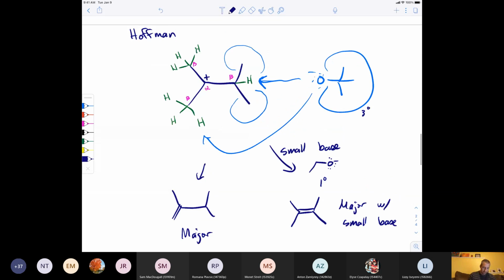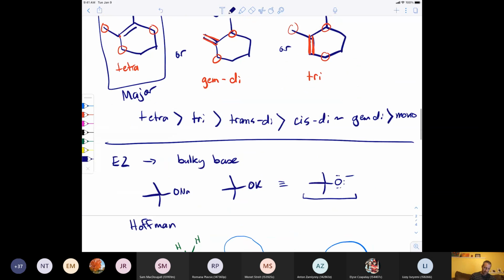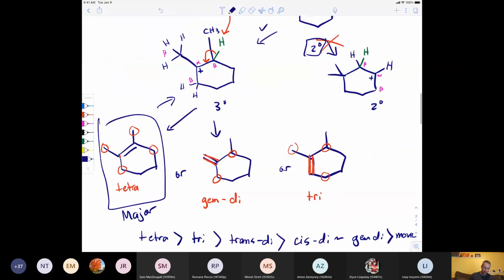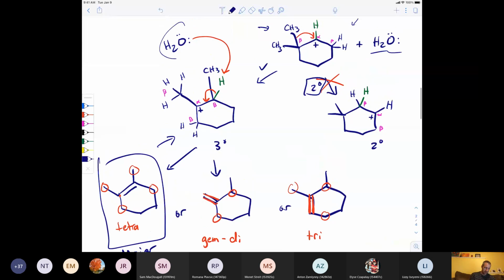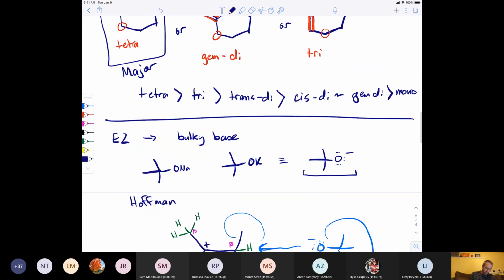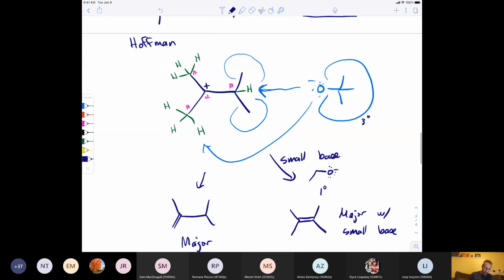So if you're using sulfuric acid, like we are, if you're doing elimination on an alcohol, it's always Zaitsev because our base is a little tiny water molecule. So anytime you're doing elimination on an alcohol, always Zaitsev. Whenever you're doing elimination on an alkyl halide, still always Zaitsev unless you have a big bulky base, and then it's Hofmann.